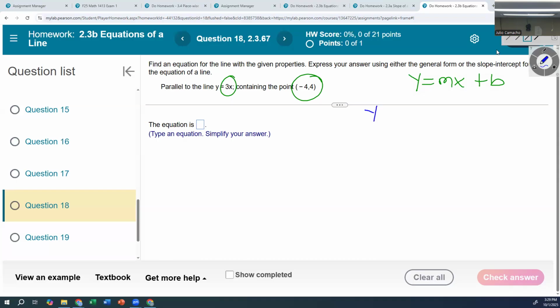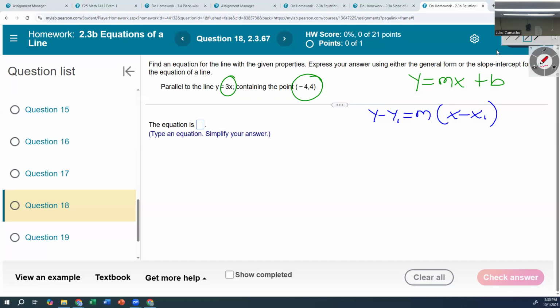So we use this formula to find the equation of the parallel line: y minus y1 is equal to m times x minus x1. Then I have my point. Let me label it.